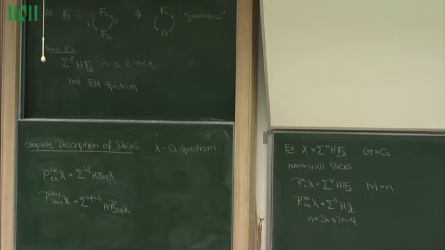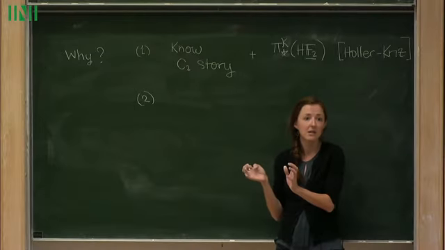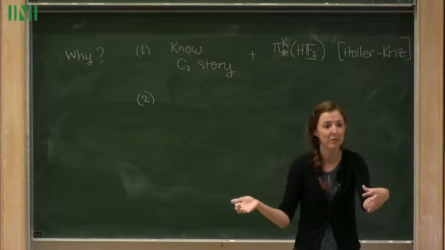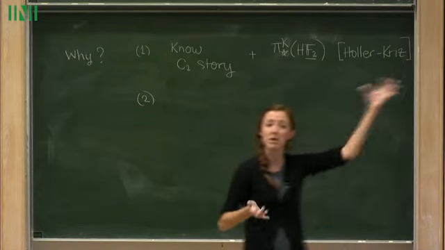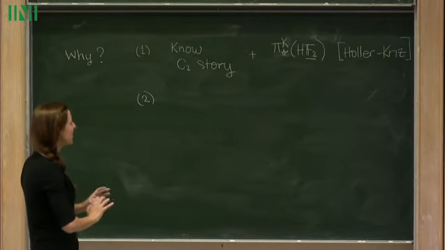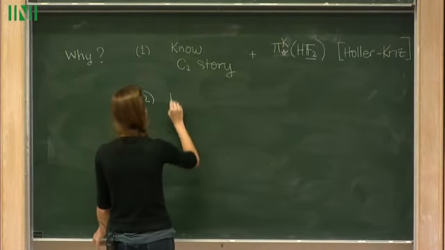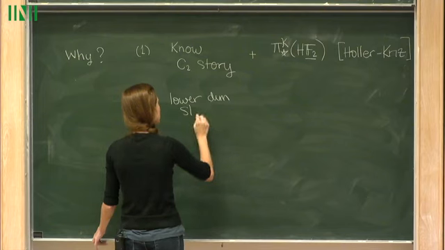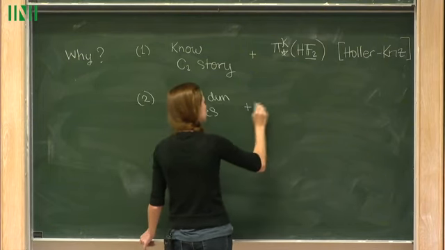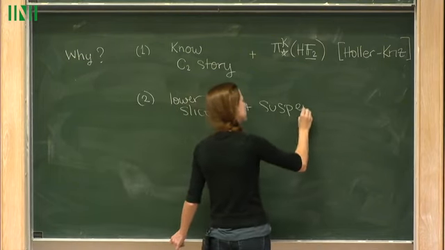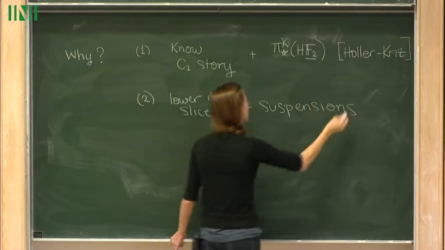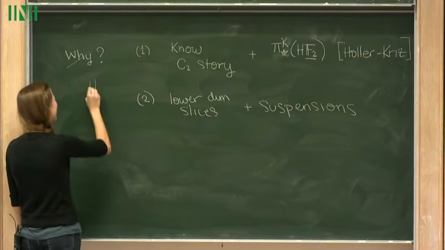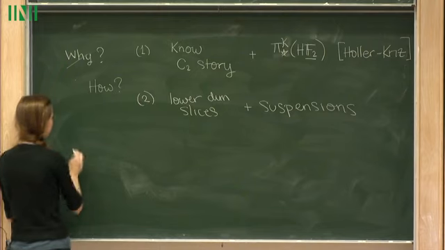We also know about 0 and 1 slices, and we know about some other, maybe we'll say lower dimensional, easier to compute slices, and then we have some results of suspensions that will bring us up to levels that we want. So maybe I'll say lower dimensional slices plus suspensions. Okay.